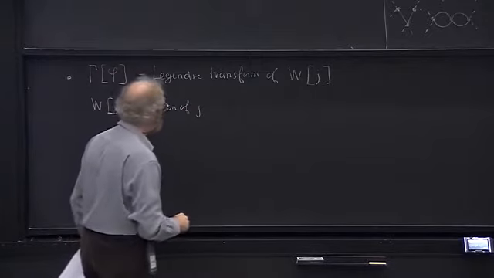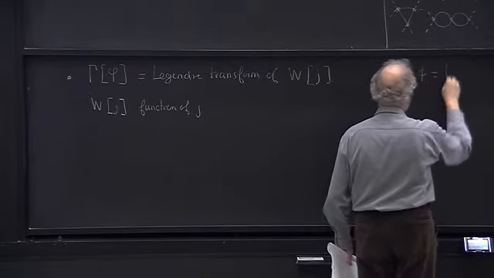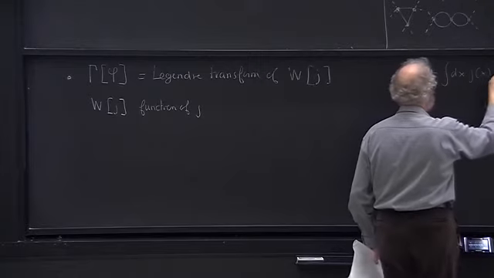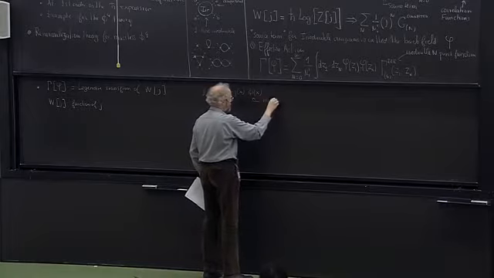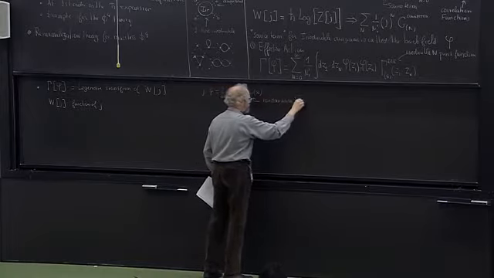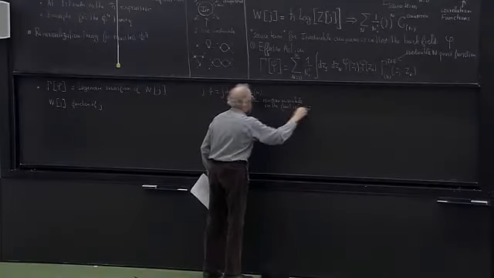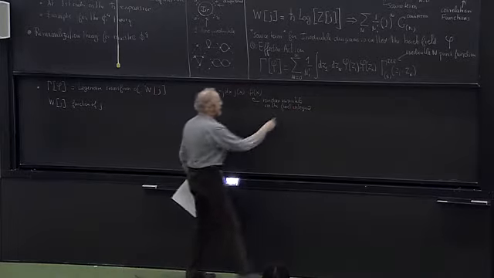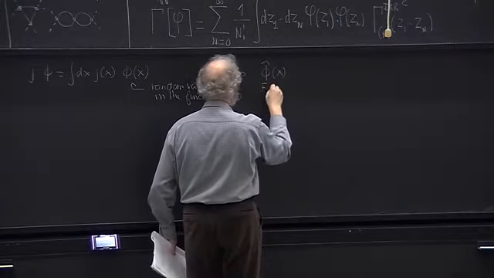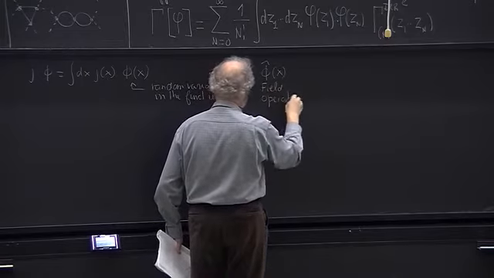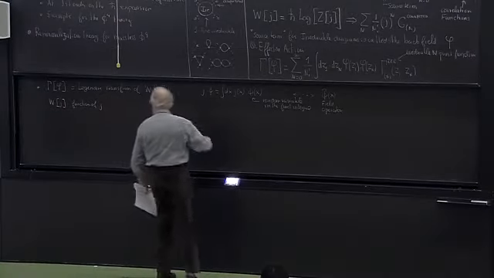G dot phi means the integral over x of G of x times phi of x, where phi is the random variable in the functional integral. So it represents the quantum field. By the correspondence principle, it corresponds to the field operator in the canonical formalism.